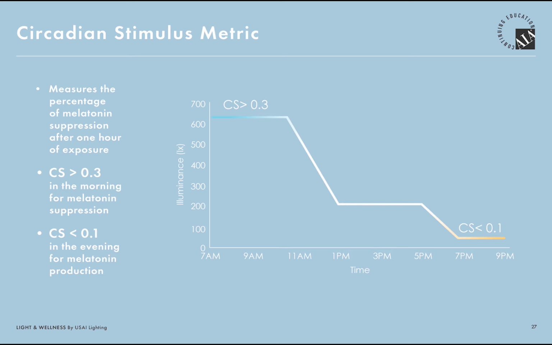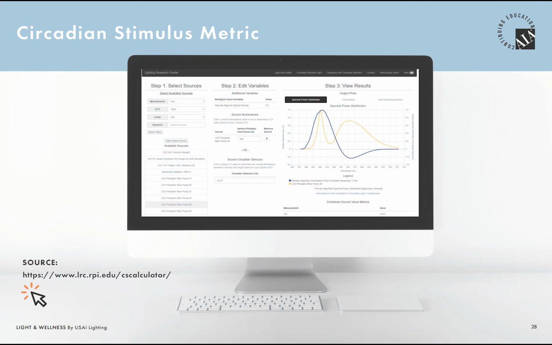They have a recommendation of greater than 0.3, or greater than a 30% suppression in the morning, and less than 0.1, or less than 10% suppression in the evening to allow your body to produce that melatonin. And they've developed a helpful online calculator for you to use to actually make sure that your circadian stimulus score is what it needs to be.